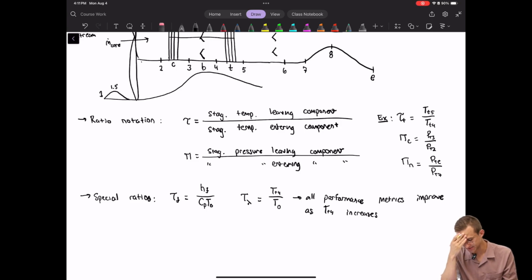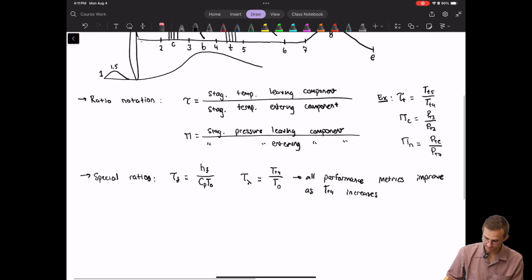And this is so important that much of the effort in R&D in propulsion systems has been spent making turbines heat resistant. That temperature, the stagnation temperature at station 4, is the stagnation temperature the turbine sees at its face. And so we want to push that to as high a value as possible. That's why a lot of that research effort has gone in that direction.